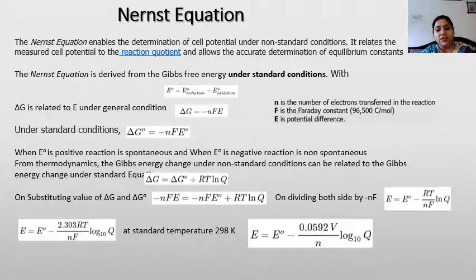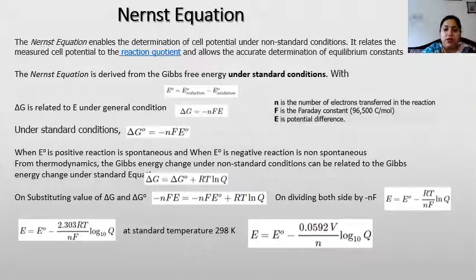Next is the Nernst equation. The Nernst equation enables the determination of cell potential under non-standard conditions. The conventional equation which we are using, E naught is equal to E naught cathode minus E naught anode, is used to determine only the standard electrode potential, that means in standard conditions only.